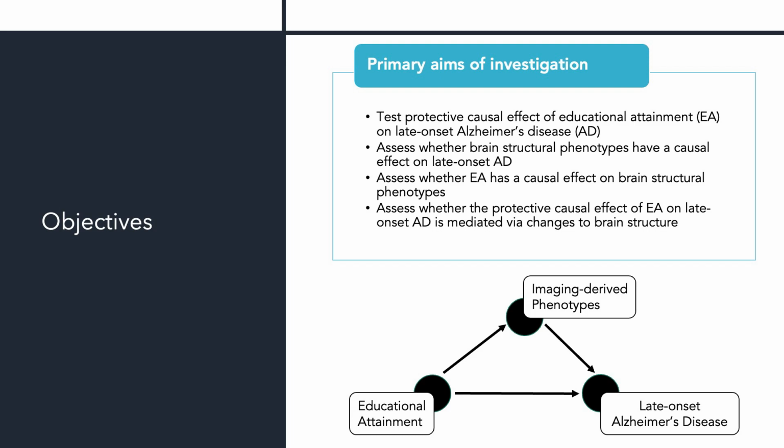So if you like DAGs, epidemiological diagrams, directed acyclic graphs, then here's one. Educational attainment could lead to late onset dementia. And could it be that this causality is mediated by what we've called imaging-derived phenotypes, stuff you can measure on a brain scan?